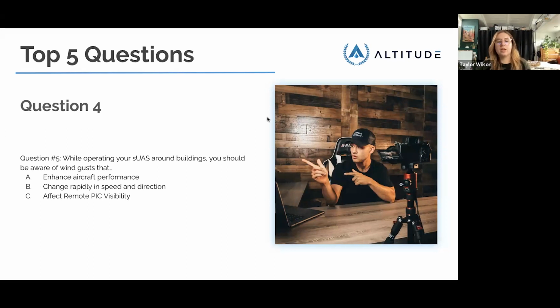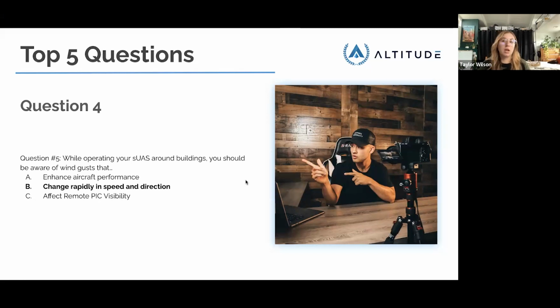Okay, while operating your small UAS around buildings, you should be aware of wind gusts that either A, enhance aircraft performance, that'd be cool, B, change rapidly in speed and direction, or C, affect remote PIC visibility. Awesome. Thank you, guys. Yeah, so our answer here is B, change rapidly in speed and direction.